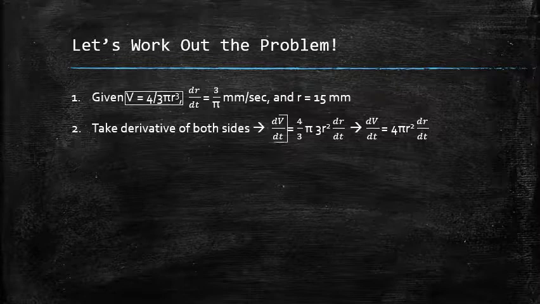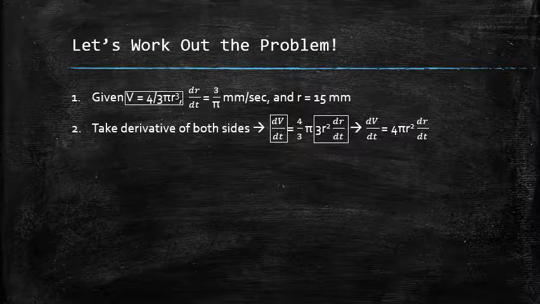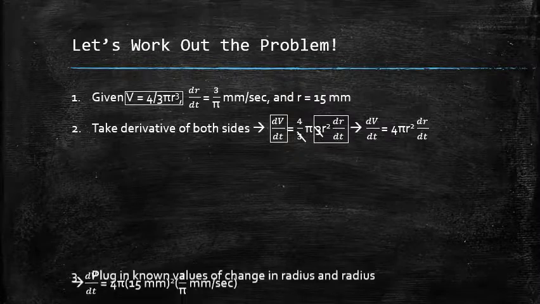V becomes dv by dt. R cubed using the power rule becomes 3r squared dr by dt. And the 3's cancel out, so our final formula right there is going to be dv by dt is equal to 4 pi r squared times dr by dt.